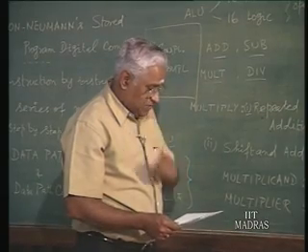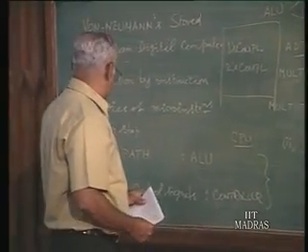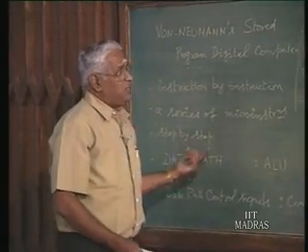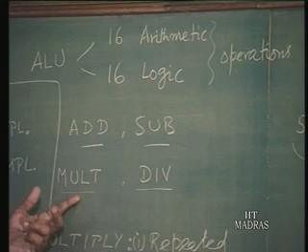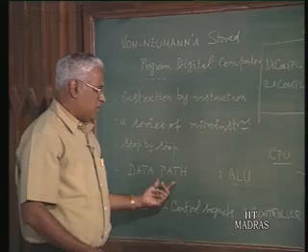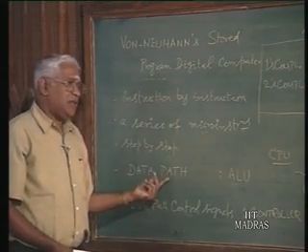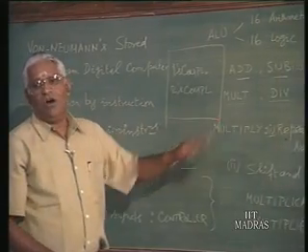In other words, the data path design can be enhanced by considering all these additional units, that is what we mean. The data path, whatever you have considered earlier, is the main thing, and the data path design can be enhanced by having these extra hardware units.